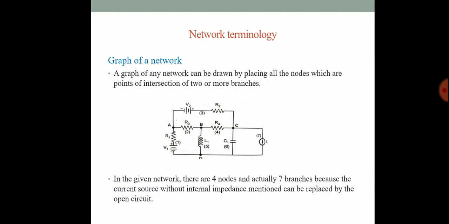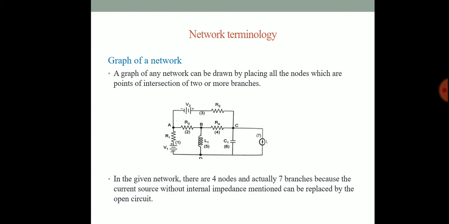Next, network terminology. A linear graph is defined as a collection of various nodes and branches. A node is defined as a common point at which two or more branches meet together.